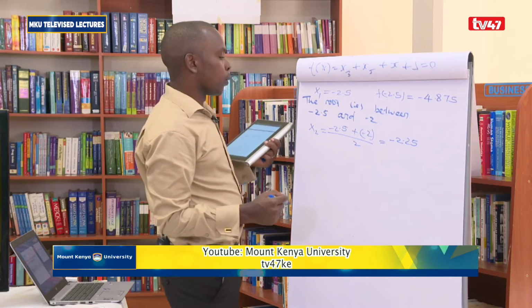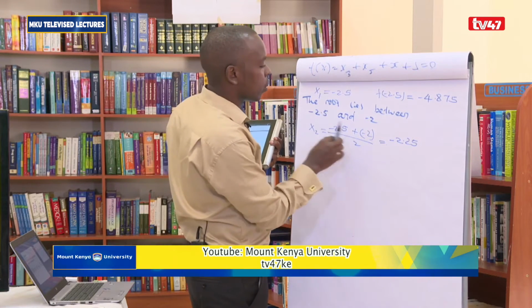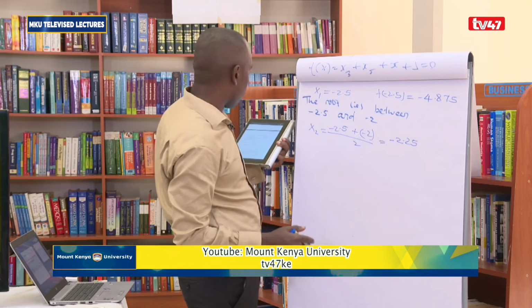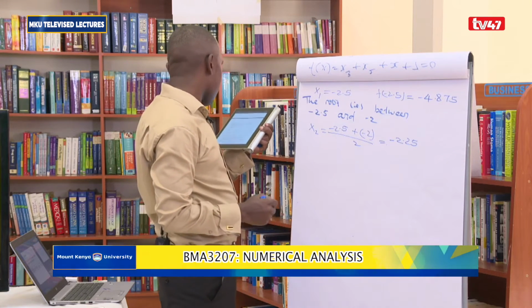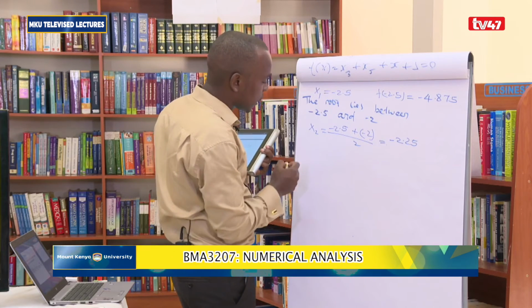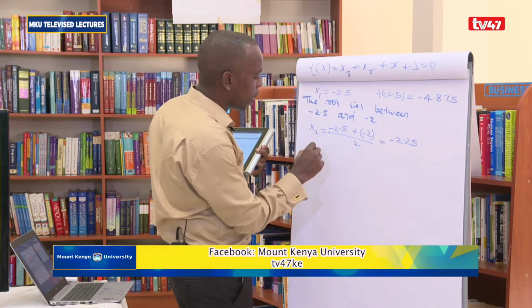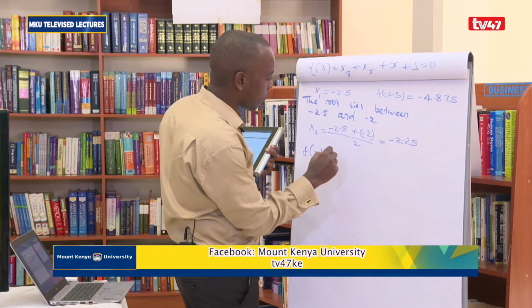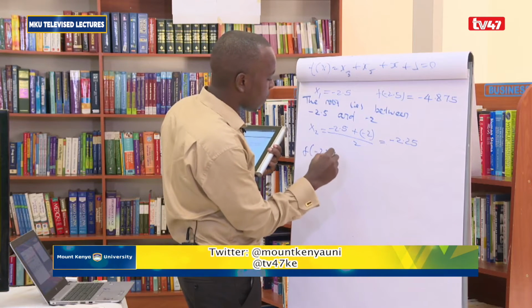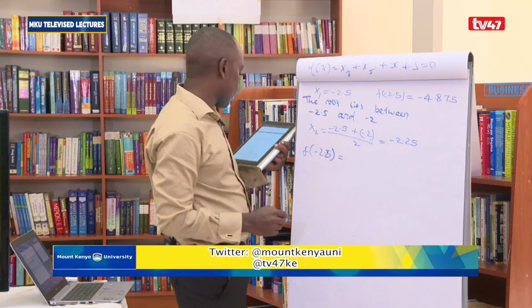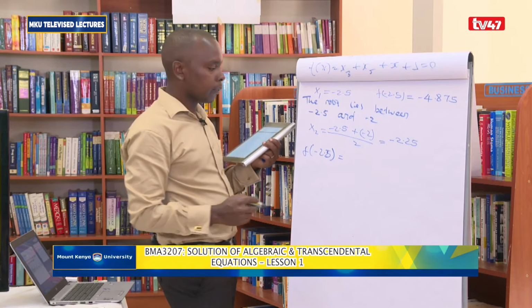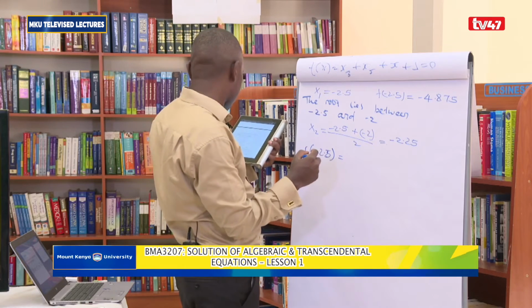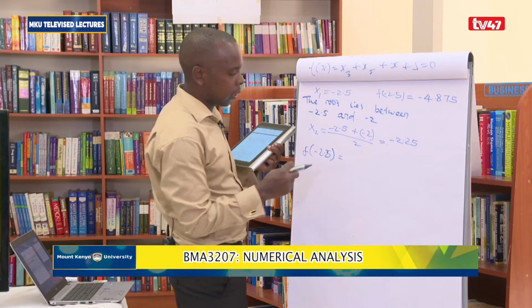So we aim to check whether f of x2, or f of negative 2.25, will be positive or negative. So let us check. We have f of negative 2.25, and this is giving us negative 1.5781.